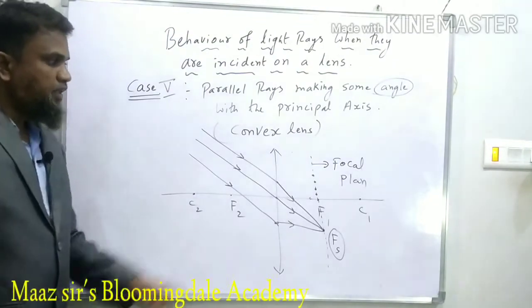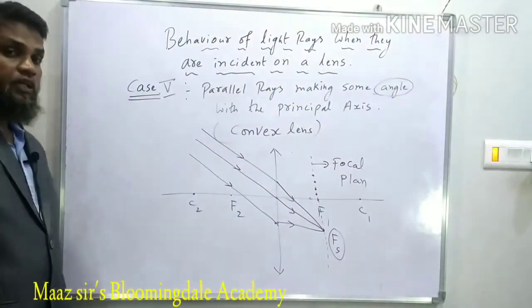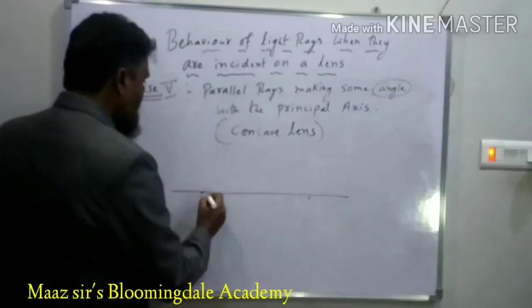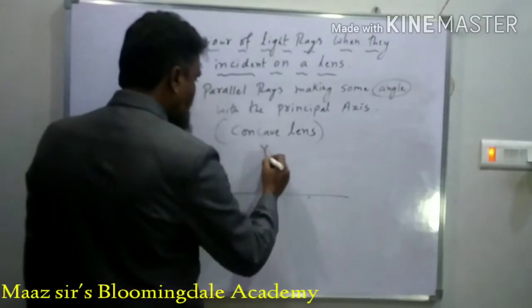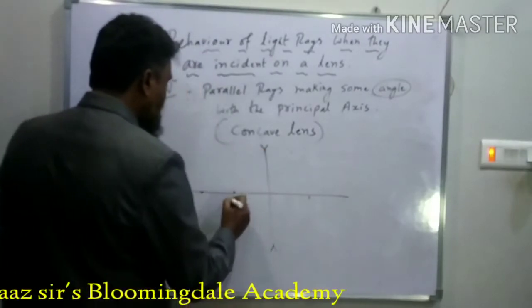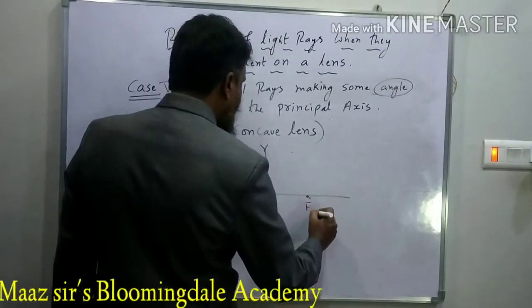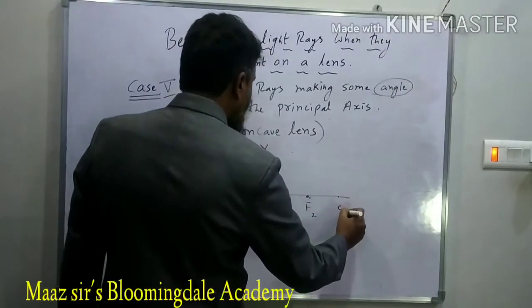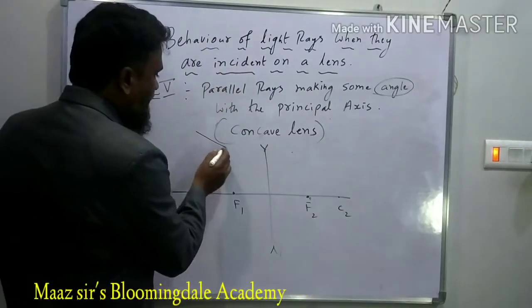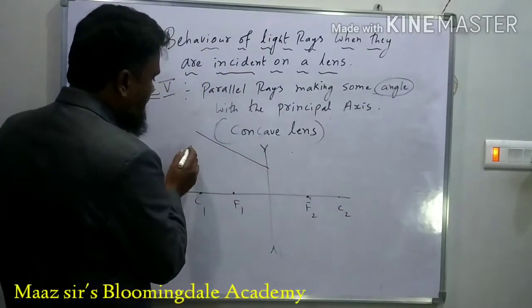Now let us see the ray diagram for the concave lens. So in this situation, for the concave lens, we are seeing here the incident rays making an angle with the principal axis.